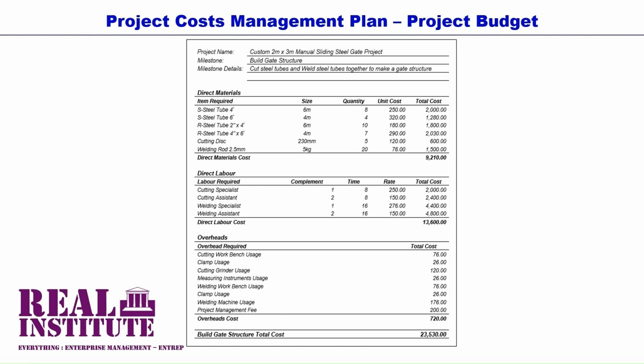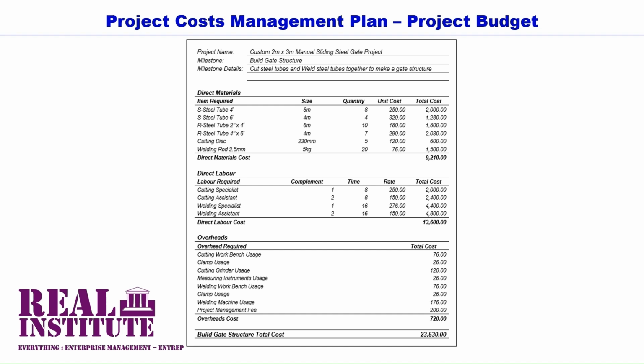To be specific, there are 4 types of steel tubes that are required for the activities of this milestone. 2 of them are square steel tubes, and the other 2 are rectangular steel tubes. Therefore, the cost allocation for this phase or milestone is as indicated.